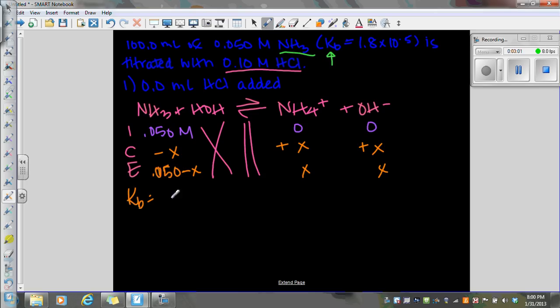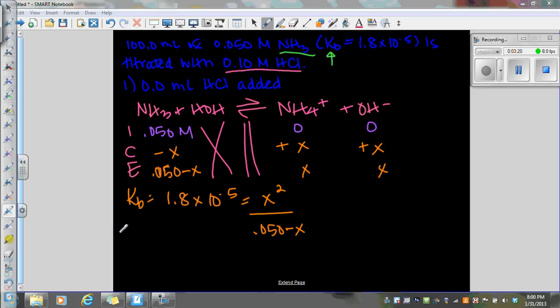So in our expression, Kb is equal to 1.8 times 10 to the negative fifth. That's equal to X squared divided by 0.050 minus X. If we take Kb times 100, we will get 0.0018. So this concentration is still lower than our initial concentration, so we can approximate.